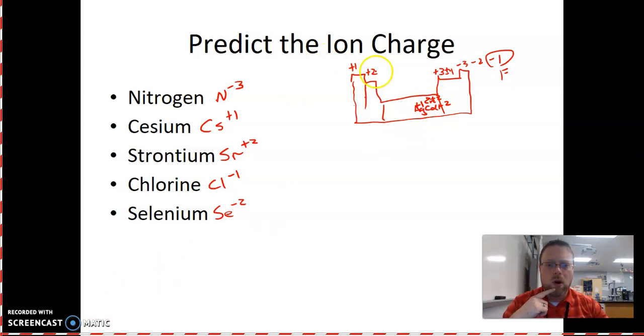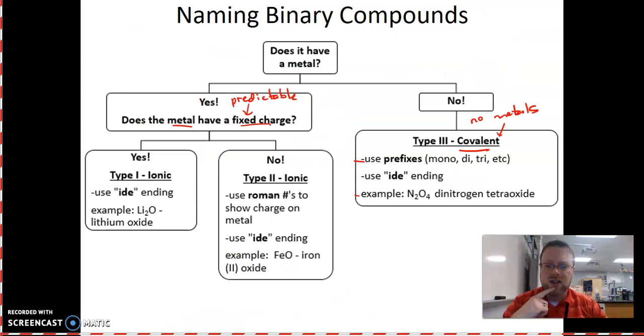Any of those, or any of the ones in the tall columns, would be metals that have predictable charges. And if you have that kind of predictable charge, then naming a compound is super easy.